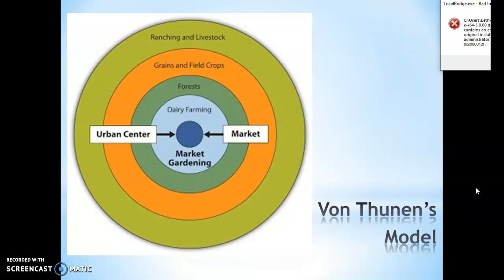The dark blue circle is the center city. That's where the people are. So what are you going to put that's closest to there in the most expensive land? Well, things that would be difficult to transport. Try looking at a truckload of apples. Those are expensive to transport, but they also go bad quickly.